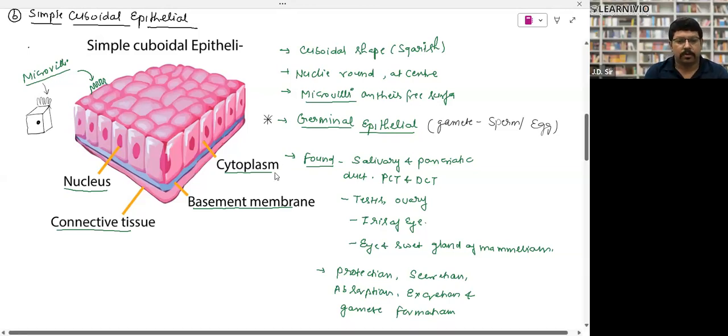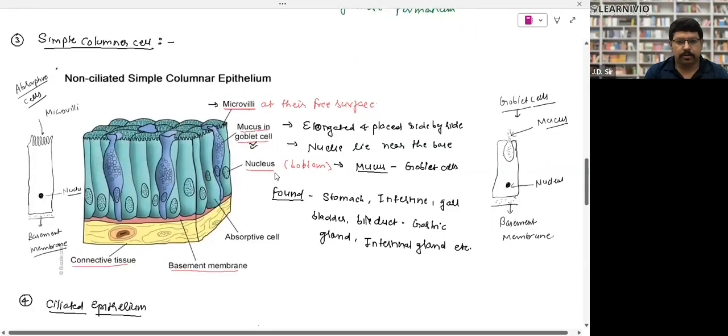Again, simple columnar. They have a column-like structure. You can see the nucleus will be at the base. This is the basement membrane, this is connective tissue, and these are the columnar cells. The nucleus is present at the base.